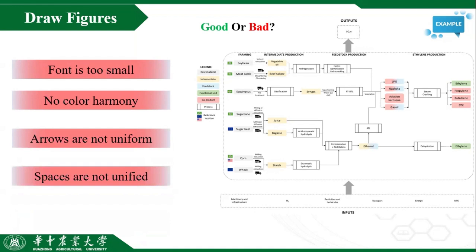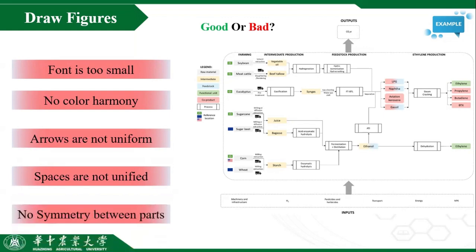Also spaces, they just make this space crowded and they leave some space here, for example. And there is no symmetry anyway. And this figure is from the Journal of Cleaner Production with impact factor 9.7.